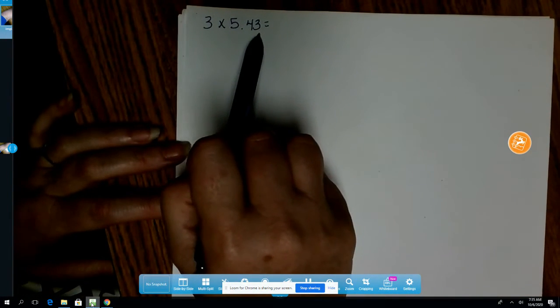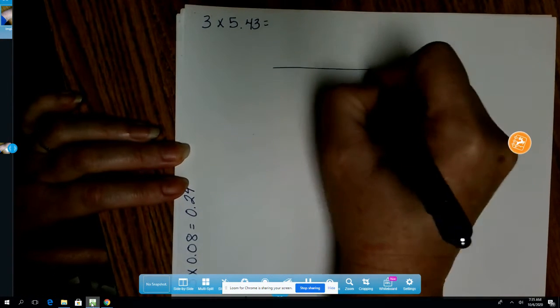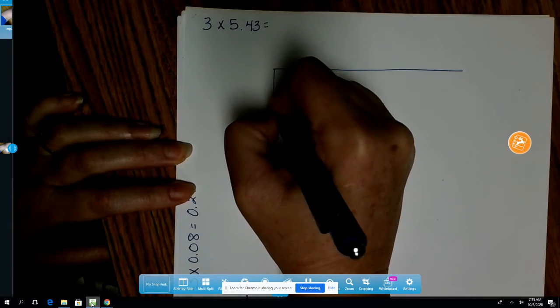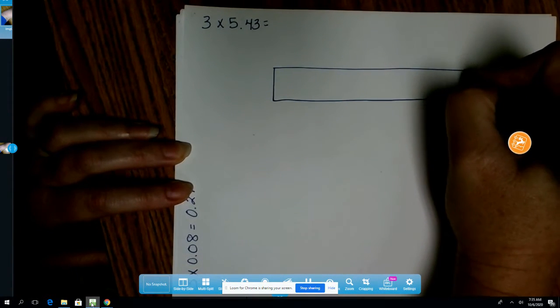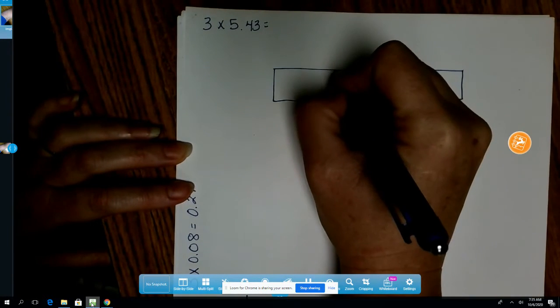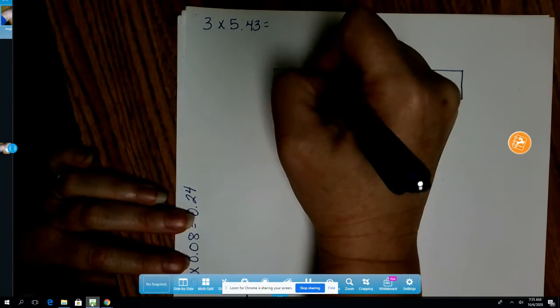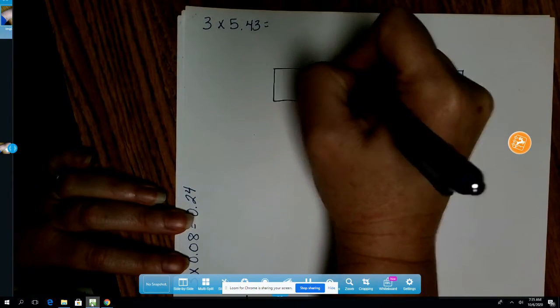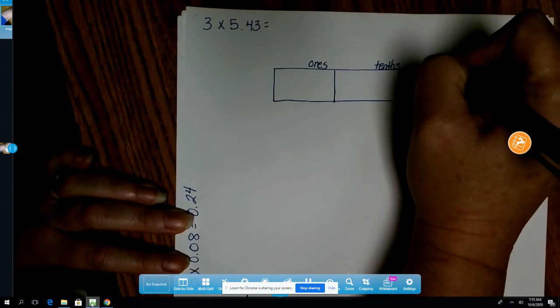I have 3 place values right here, so I'm going to need 3 boxes in my array. On Zearn, there are multiple steps that they do here. So I have a ones place, a tenths place, and a hundredths place.